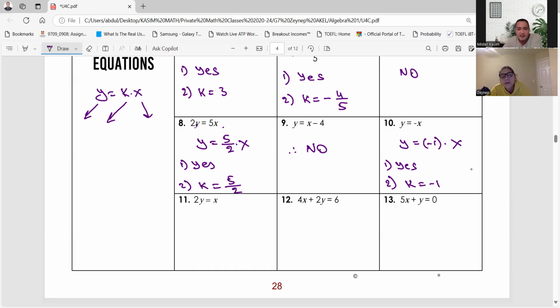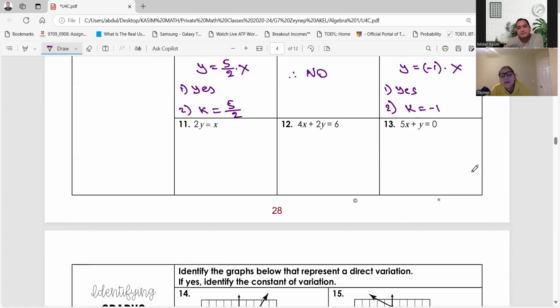How about question 11? Okay. So first, can you express this in the form of k times x? What do we do? First, let's express it, then we'll write y is equal to 1 over 2x.